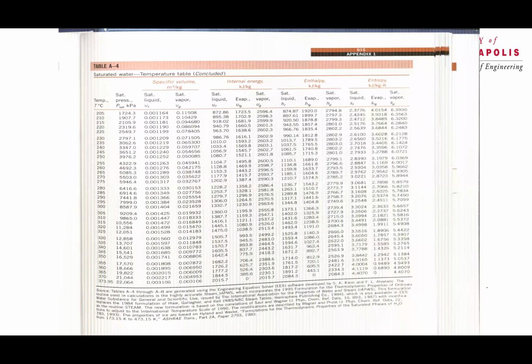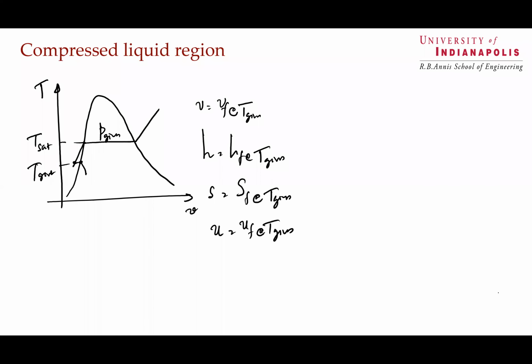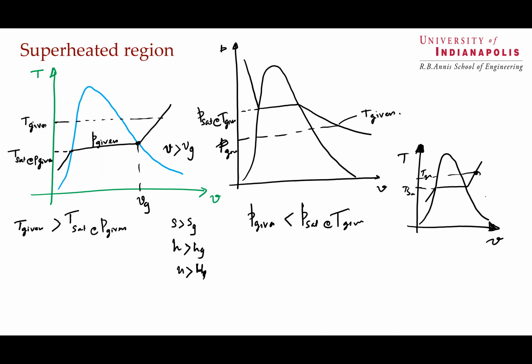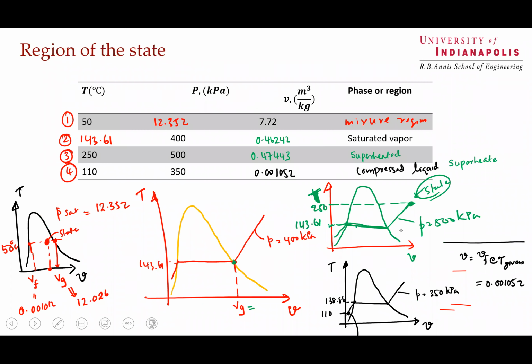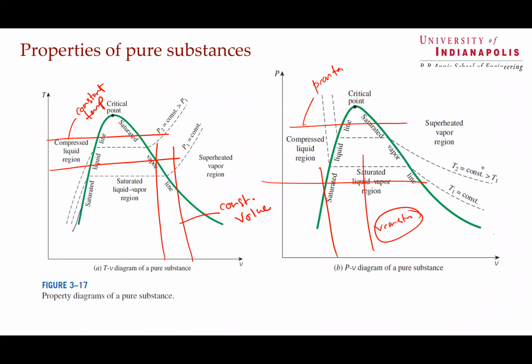So basically, that covers everything that I want to talk about regarding the properties of pure substances. The key is that you get an understanding of which region your state belongs to. Basically, we have three regions, like it is shown here.